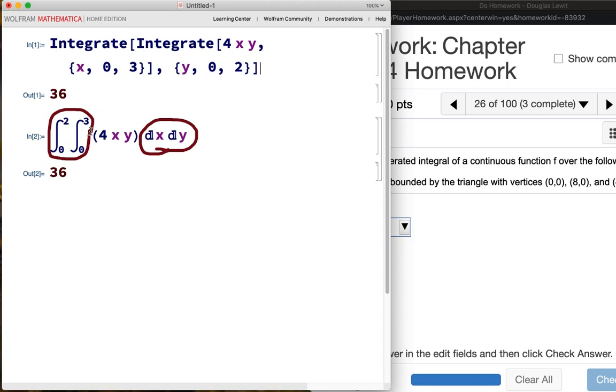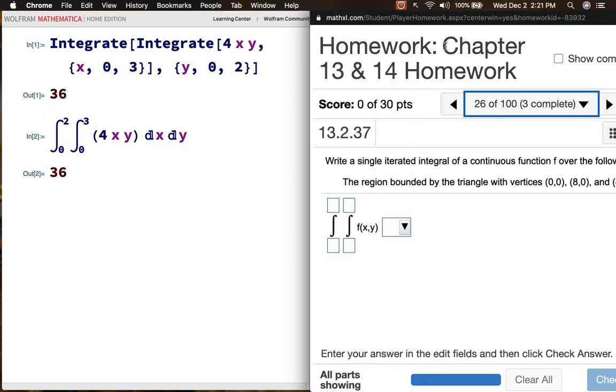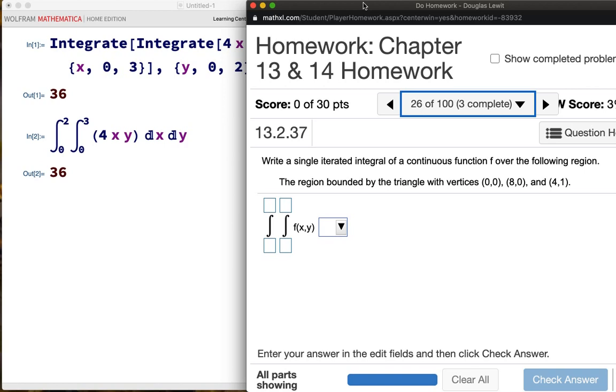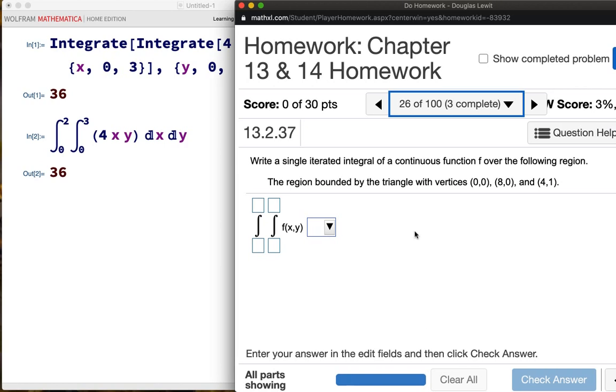But if you're integrating over a non-rectangular region of R2, then the situation becomes a lot more complex. I want to demonstrate that with this particular problem.